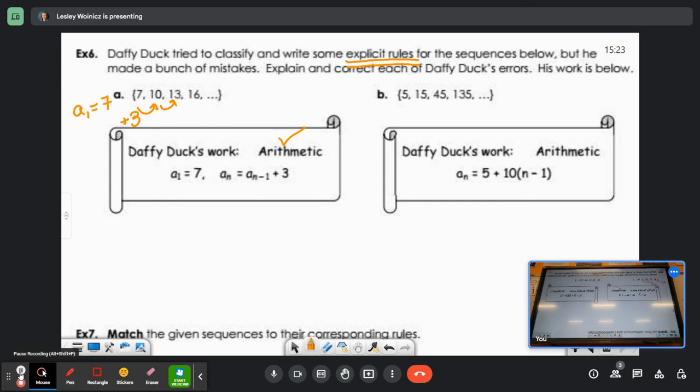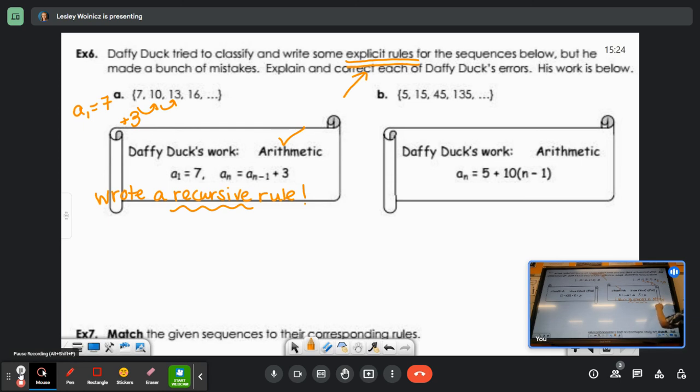Is his D correct? Then what's wrong with this rule? Is it explicit? Oh no. What kind did he write? He wrote a recursive rule. Yeah, he wrote a recursive rule. So we have to fix it. He didn't follow directions. So he was supposed to do that, explicit. All right, so use your pink sheet.